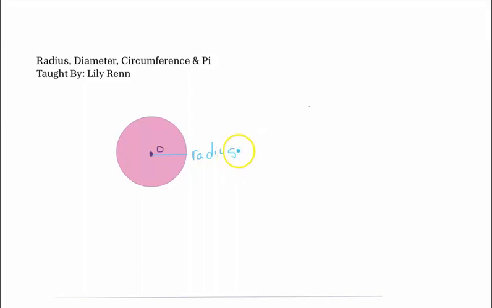For this example, we are going to say that the radius is equal to 5 centimeters. So we call this distance from the center to the edge the radius, or r, if we are simplifying it.